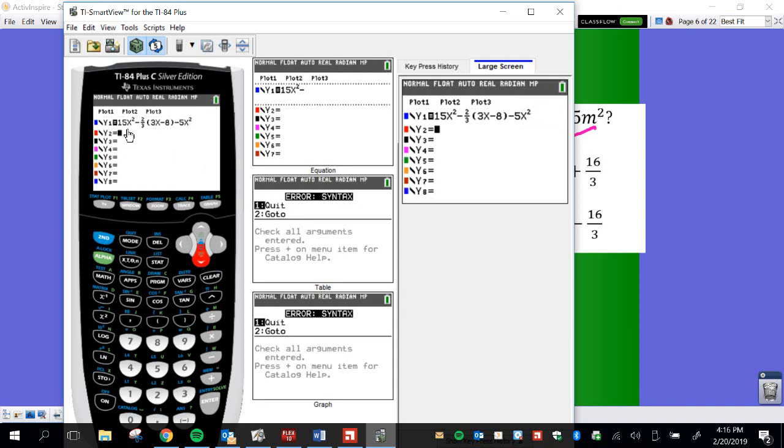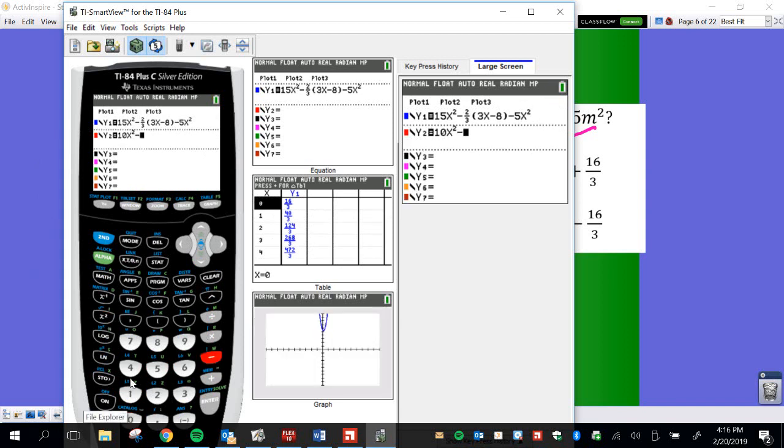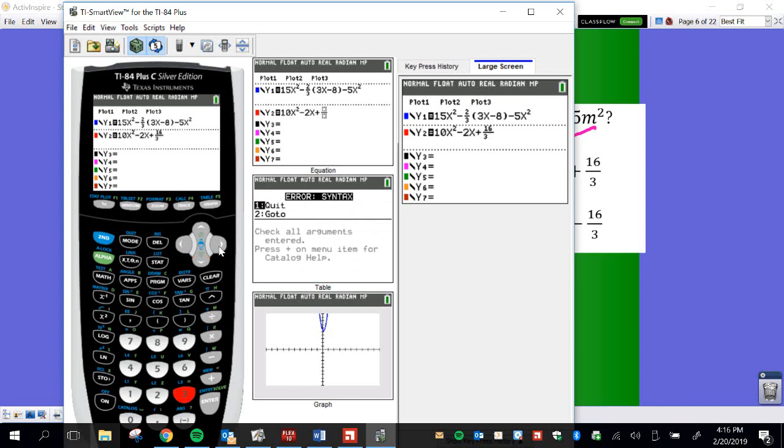Now for y2, we're going to first try A. That's 10x squared minus 2x, and then plus, again using alpha y equals inner to make the fraction, 16 over 3.